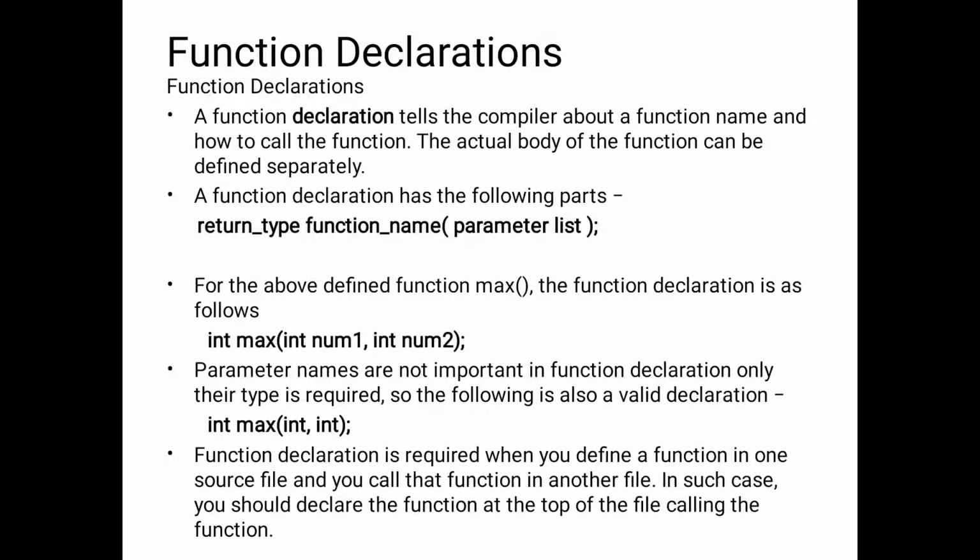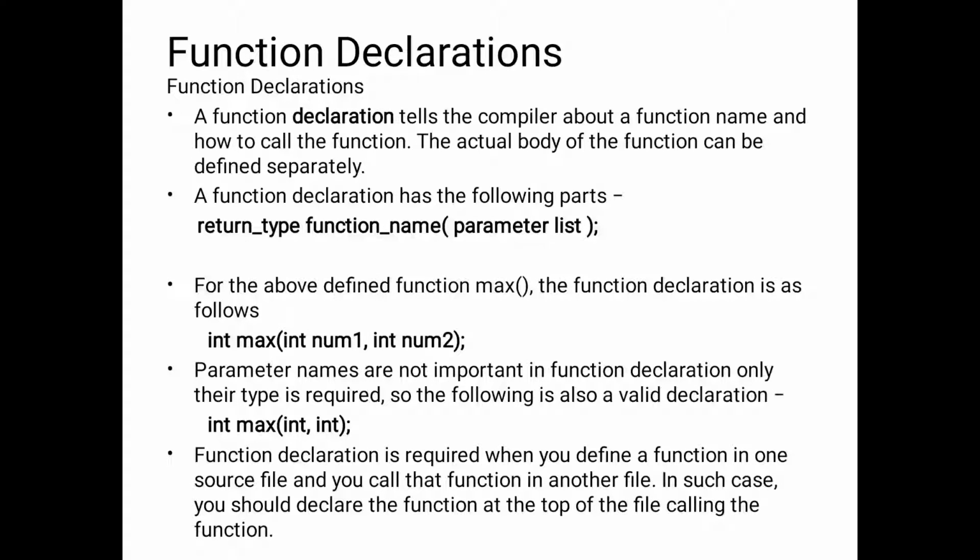You can take anything, so that is why the type is more important for a valid declaration. You can also write int max(int num1, int num2), or else just int max(int, int). So there are two int declarations here; by default we know there are two numbers of integer data type.